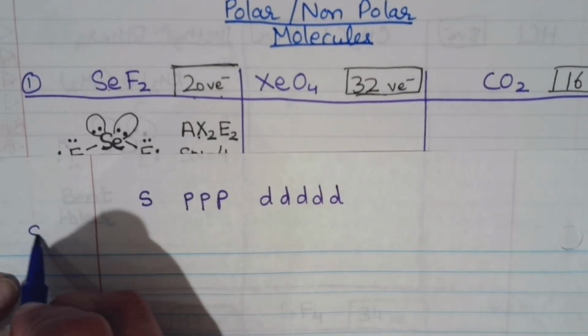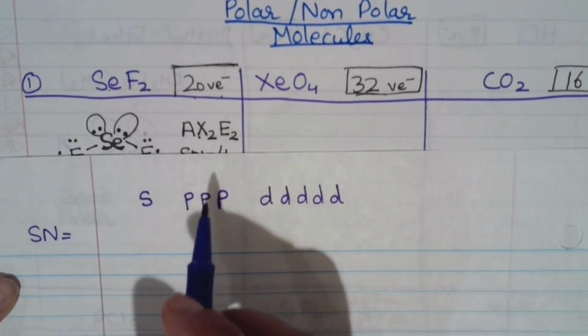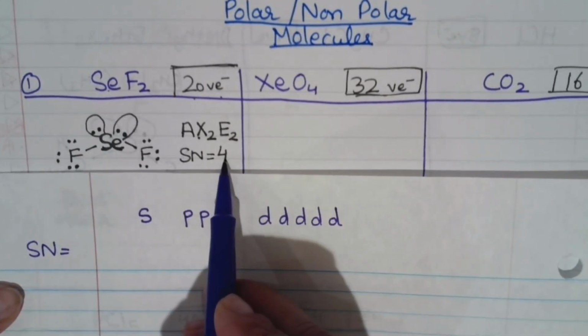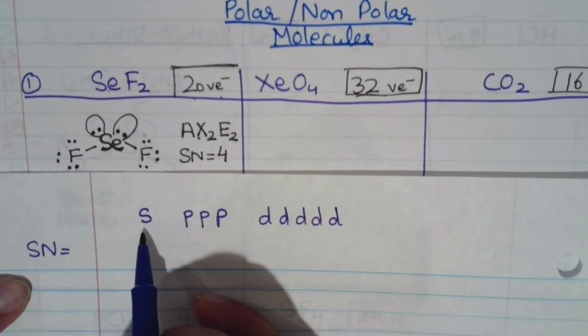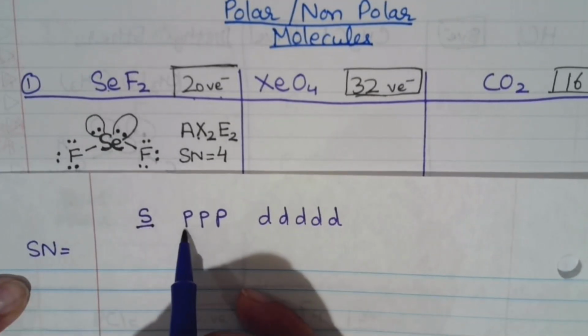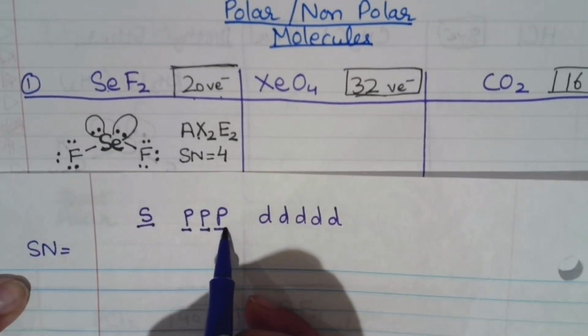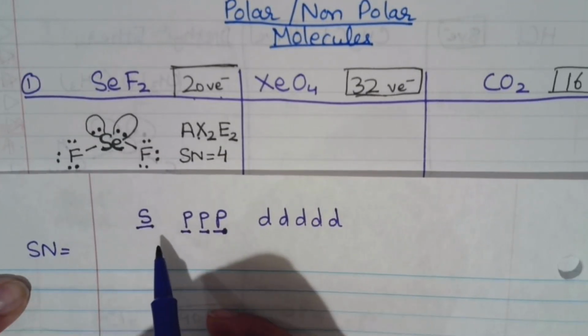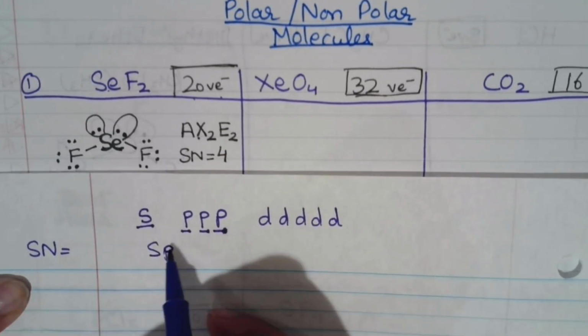So when our steric number is, so we have to know the steric number. So if steric number is 4, it means we are mixing 4 different orbitals. So we always start with s. So 1, 2, 3 and 4, right? So the hybridization would be sp3.